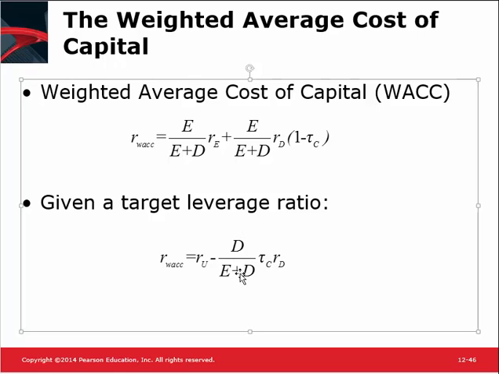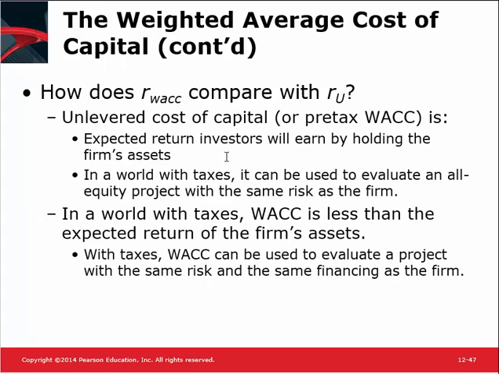Here's the amount of debt we have, here's the before-tax cost of debt, and you multiply that by the tax rate. So this represents, in some sense, the tax impact of financing. It reduces the cost of financing the company itself.